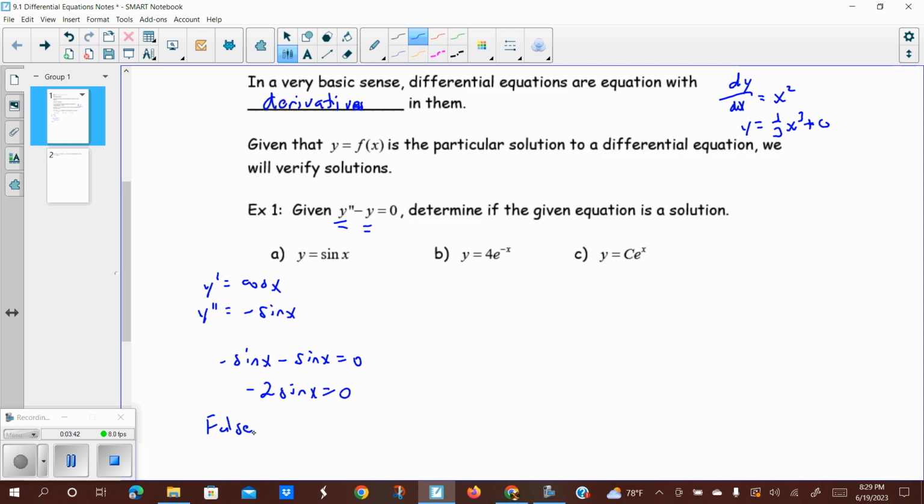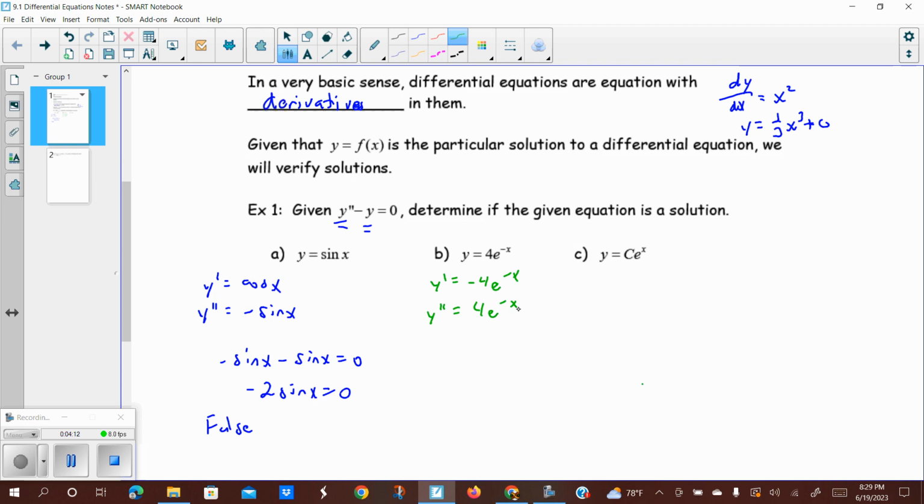All right, let's check out letter B. Y equals 4e to the negative x. Once again, we need y double prime. To get there, we need y prime first. The derivative of 4e to the negative x, using a little bit of chain rule here in exponentials, is negative 4e to the negative x. Y double prime, again using that chain rule, bringing out the extra negative, gets us back to 4e to the negative x.